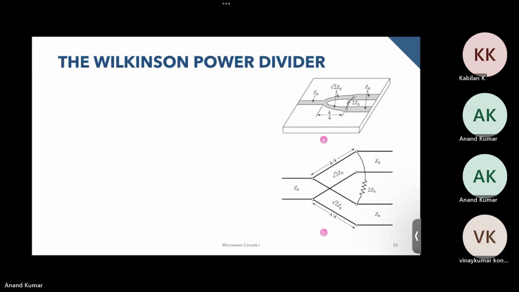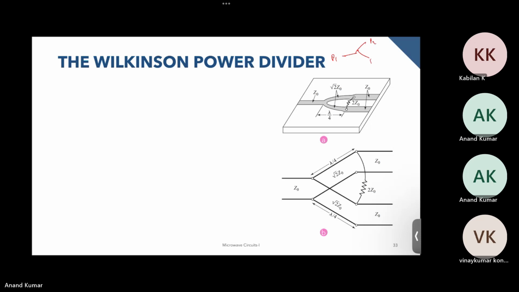The previous resistive power divider also had one issue. The system was reciprocal, and we had ports P1, P2, and P3. In both the lossless and the resistive cases, if we sent power into P1, we got equal power in P2 and P3.